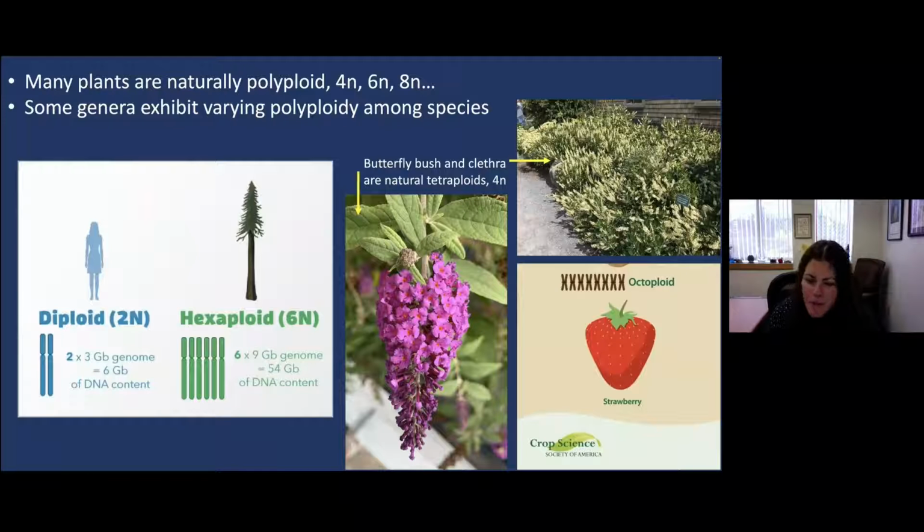If you're not familiar with those, you're probably familiar with fruits like strawberry, where the ones that we eat are frequently hexaploid or octaploid. Some genera, like Clethra, have varying polyploidy among the species. There's a dodecaploid Clethra, I think.